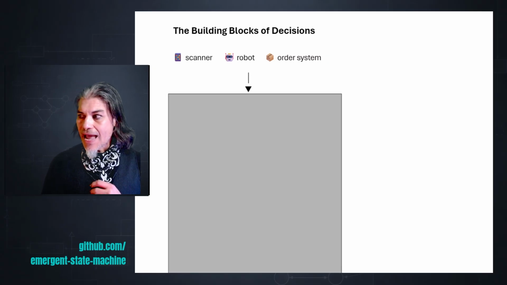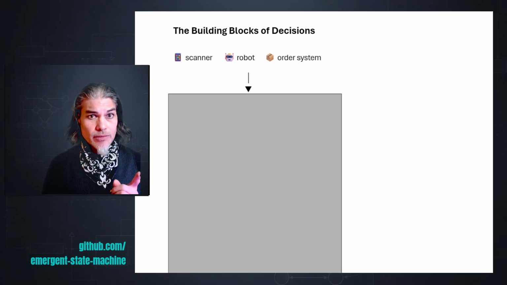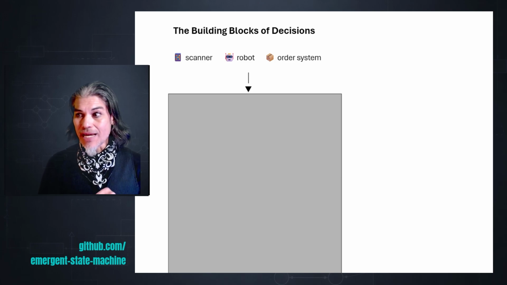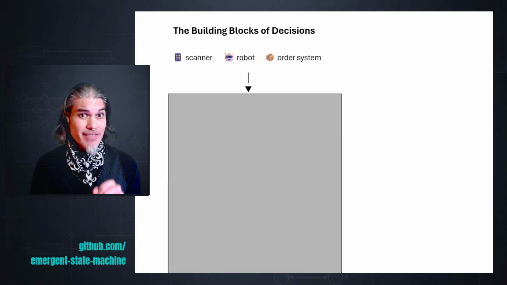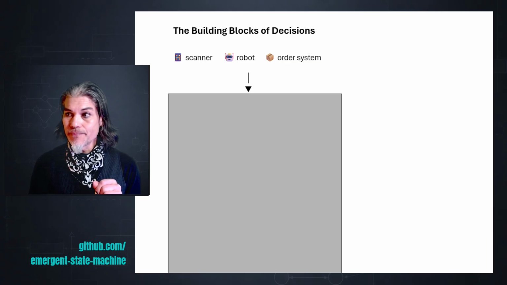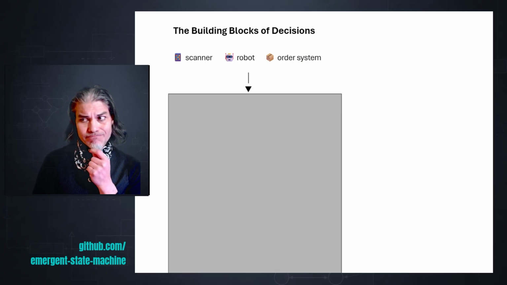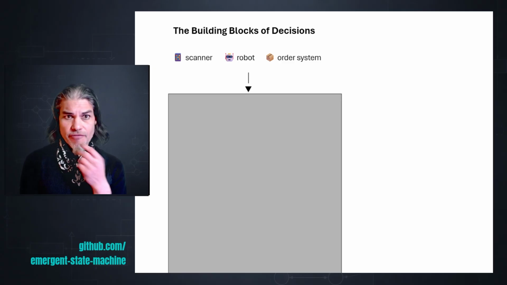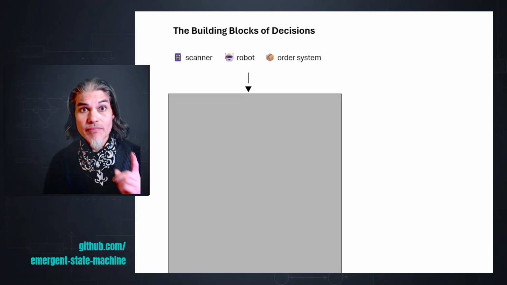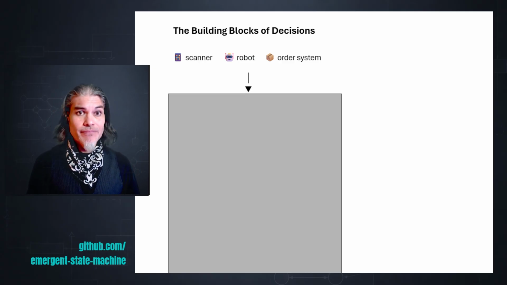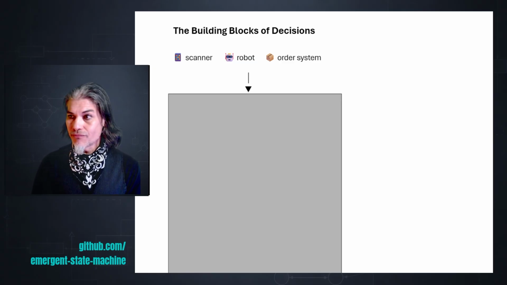To understand how these decisions work, we need to look at the building blocks the system reasons over. At this point, it would be fair to ask, where do the signals come from? The answer is simple. Warehouses already generate them.